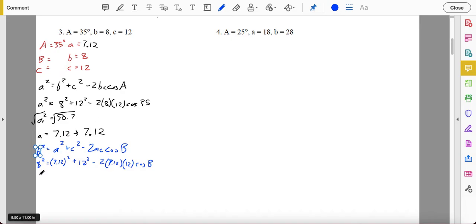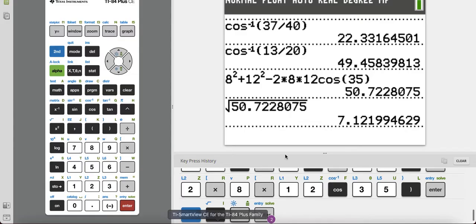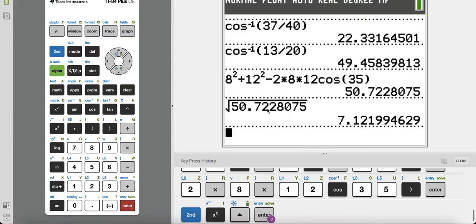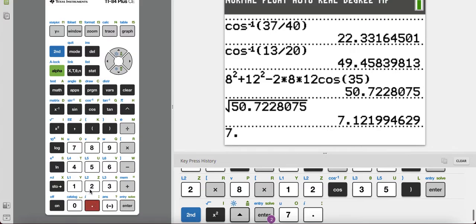We've got 64 equals, and if we look back at our calculator, 7.12 squared was 50.7.